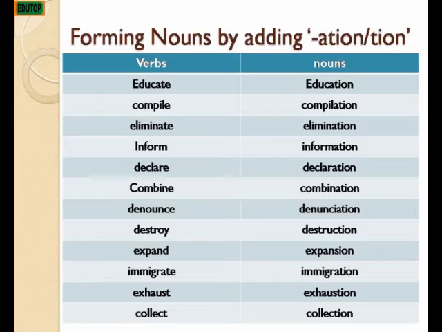Examples: educate, education; compile, compilation; eliminate, elimination; inform, information; declare, declaration; combine, combination; denounce, denunciation; destroy, destruction; expand, expansion; immigrate, immigration; exhaust, exhaustion; collect, collection, and so on.